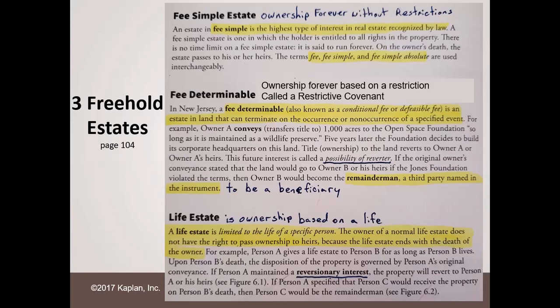Fee determinable also goes by conditional fee or defeasible fee estate, because this type of ownership is based on a condition. And as long as that restrictive condition is not broken, then the estate, the ownership, continues.